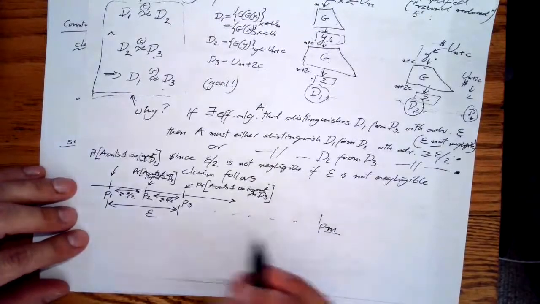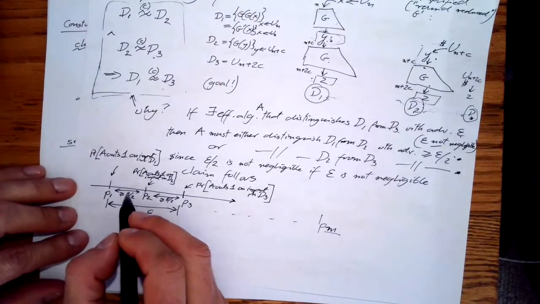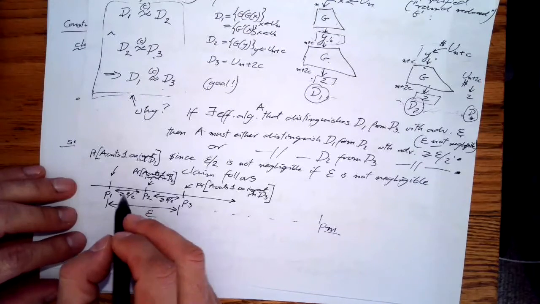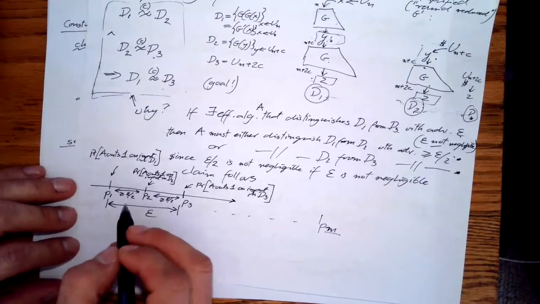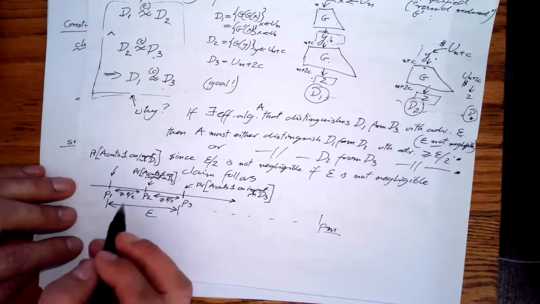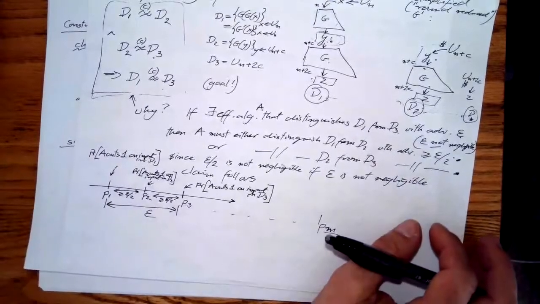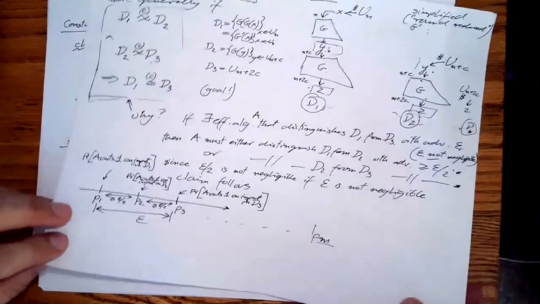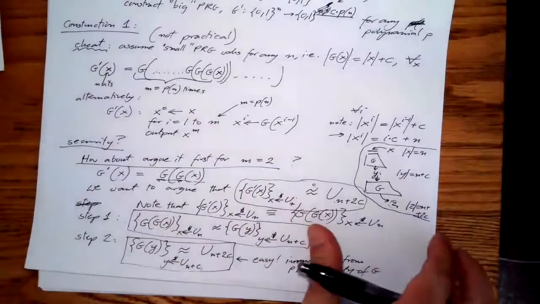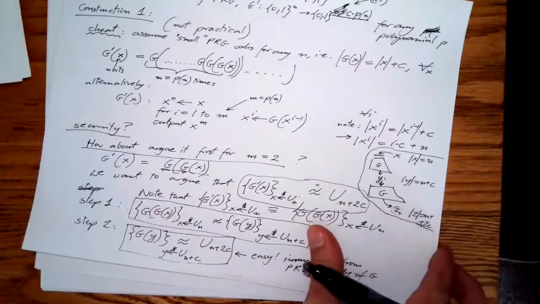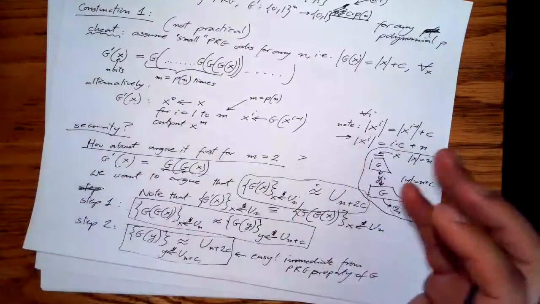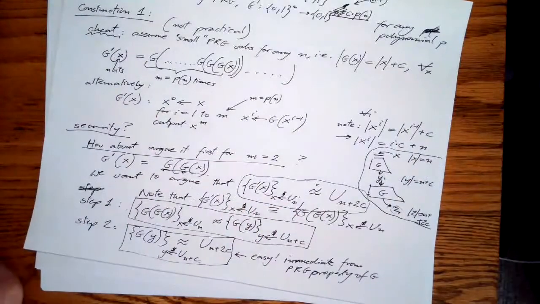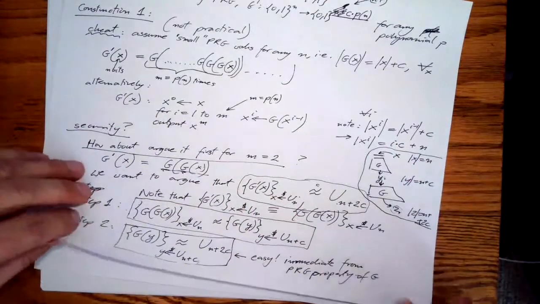Since m is polynomial and epsilon is non-negligible, dividing by a polynomial still keeps you in a non-negligible class. And so that's the same exercise as in the homework. It's a little bit sketchy why this argument generalizes to an arbitrary number of G applications, but hopefully this intuition suffices.